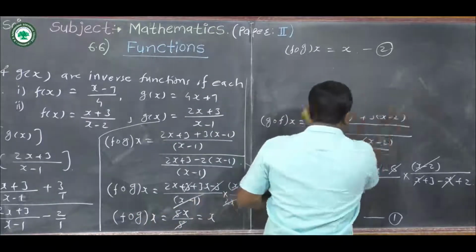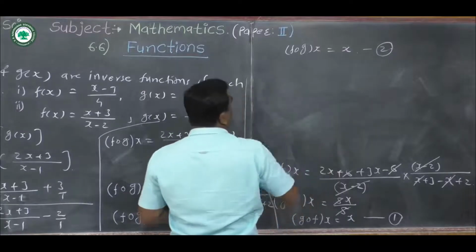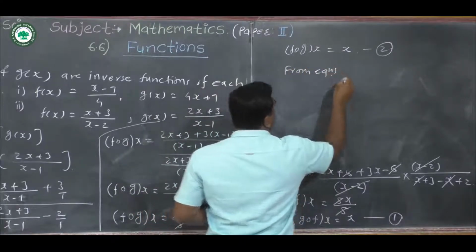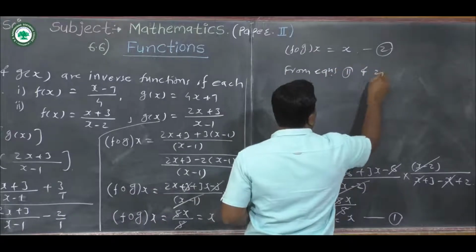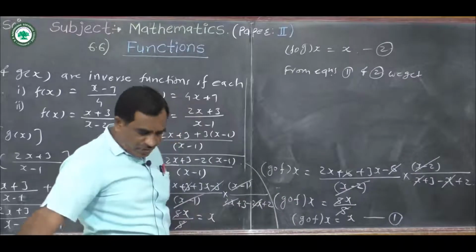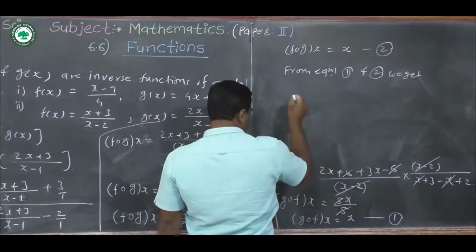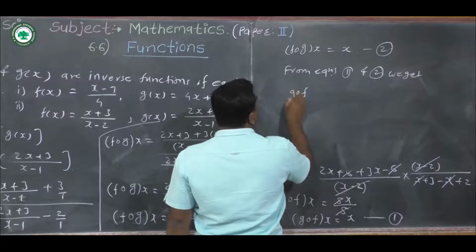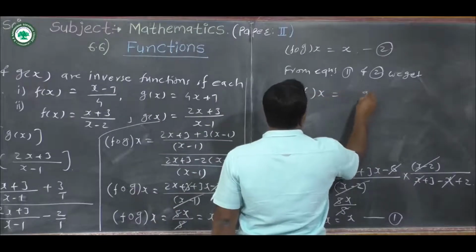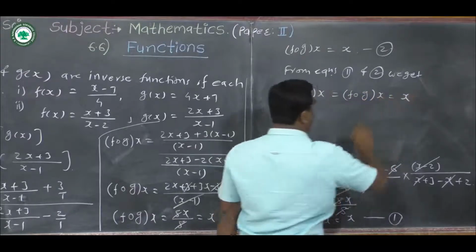Therefore we can write here, from equations first and second, we get f composite with g of x is equal to g composite with f of x is equal to x.